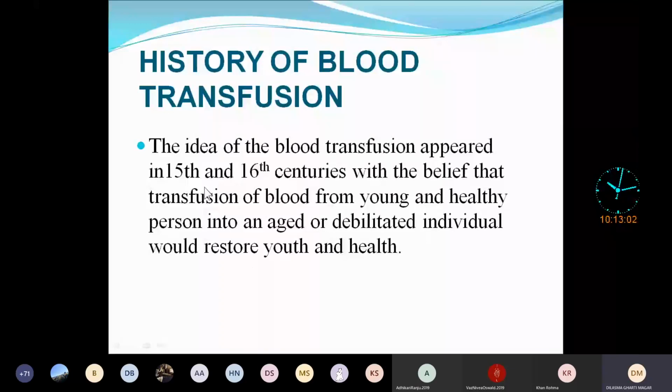So in those years, many hundreds of years back, it was believed that whenever blood was transfused from a young and healthy person to an old or very frail person, they would be restored, become healthy, and look young. Understood? So it came with that idea.